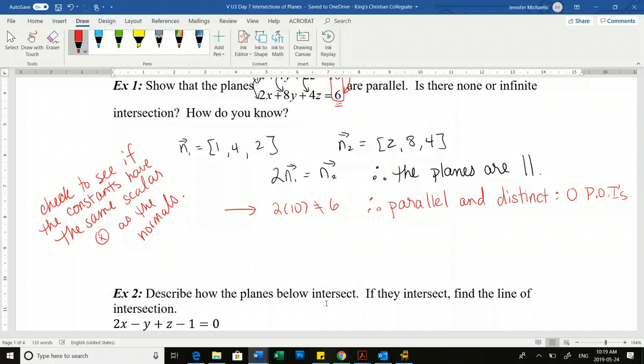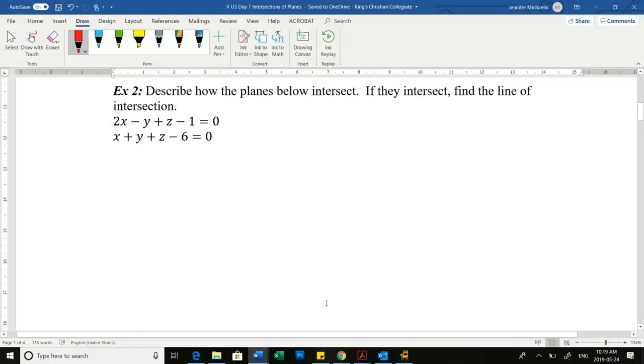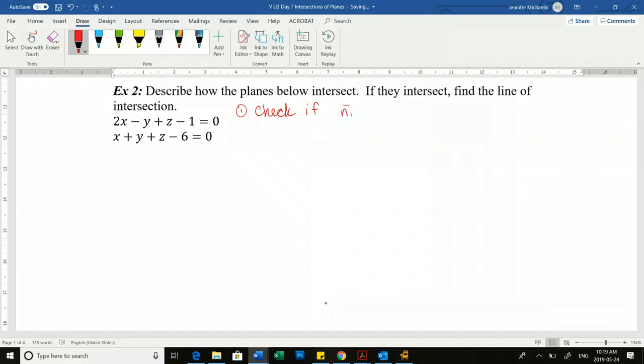Okay. So we'll take a look at a second scenario here. We're going to describe how these planes intersect. If they intersect, we'll find that particular line of intersection. The first thing we're going to check is the normals: whether normal 1 is some scalar multiple of normal 2.